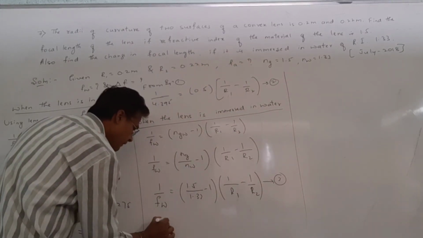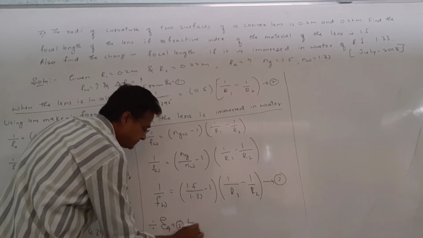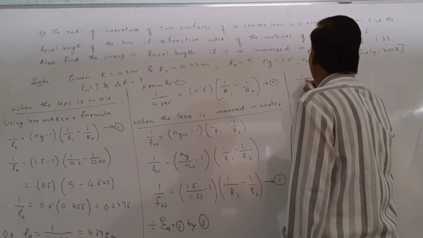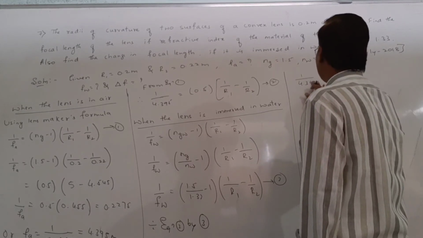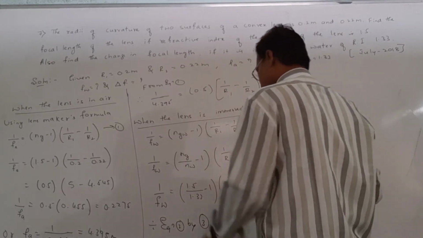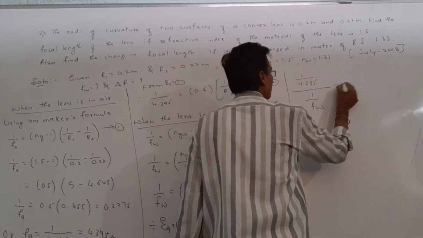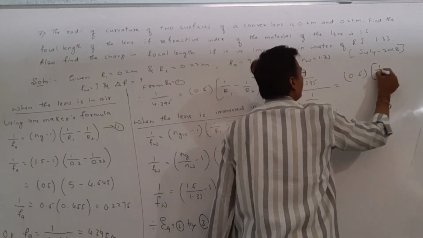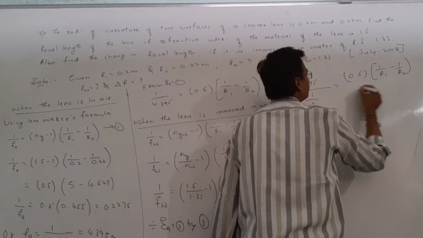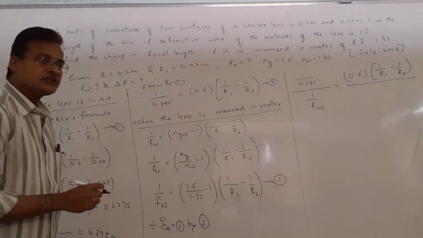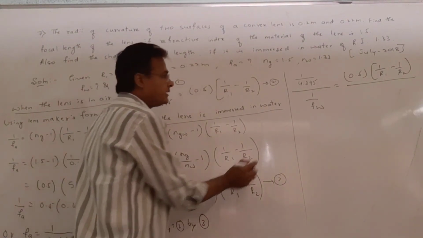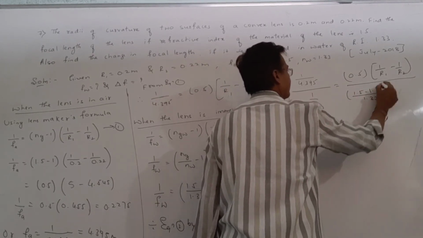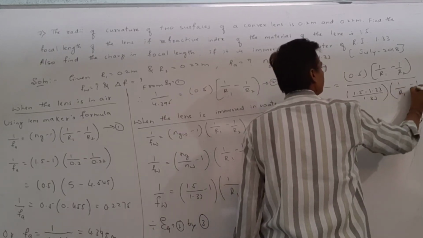Now dividing equation 2 by 3. So 1 by 4.395 divided by 1 by FW equal to 0.5, as it is we are substituting, 0.5 bracket 1 by R1 minus 1 by R2 close, whole divided by 1.5 minus 1.33 divided by 1.33, bracket 1 by R1 minus 1 by R2.